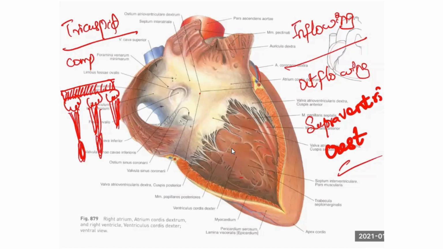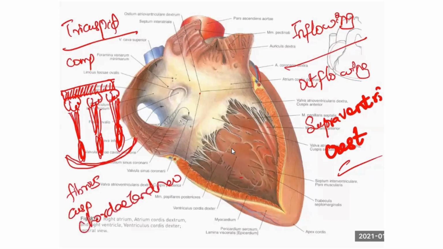This papillary muscle is attached to the wall of the ventricle. You understand? These are the components of the valve: fibrous ring, cusp, tricuspid so it is 1, 2, 3, chordae tendineae, papillary muscle. Inflowing part and outflowing part are divided by the supraventricular crest.